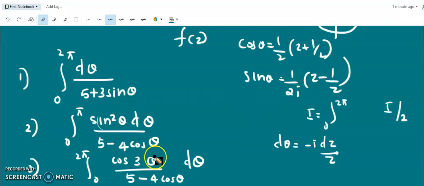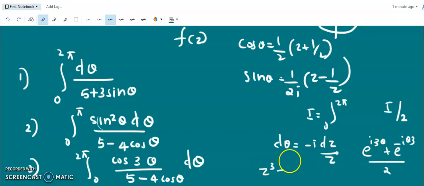And also you can find cos 3 theta as e to the power i 3 theta plus e to the power minus i 3 theta by 2. So that is (z cube plus 1 over z cube) into 1 by 2. So you can do this problem also.